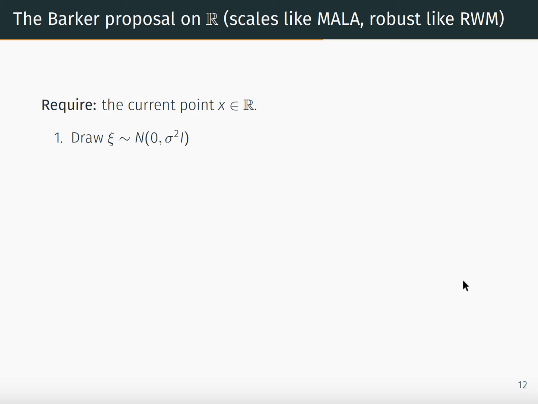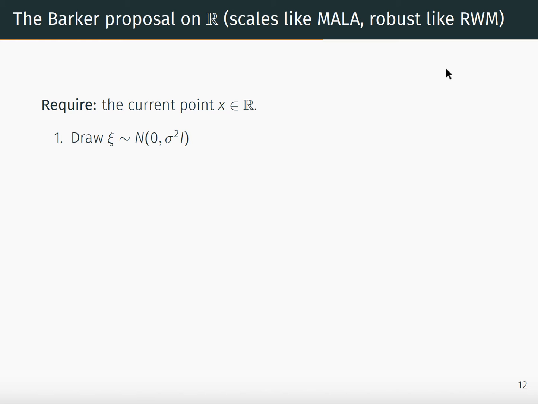And the answer, of course, is yes, we can. So what we want to introduce is this Barker proposal scheme, and it has the same scaling behavior as MALA, so it's d to the minus 1/3, just like MALA, but it has this robustness to tuning properties of the random walk. The spectral gap decays polynomially in the sense that I talked about before.